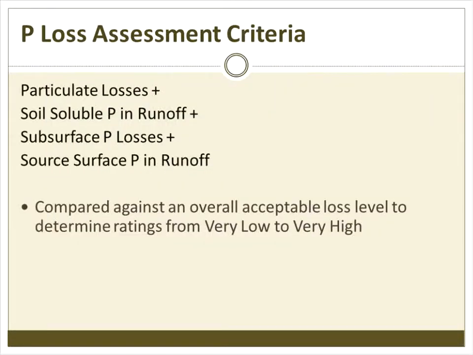So we've discussed each of the loss pathways: particulate losses, soluble P losses in runoff, this is from the soil; subsurface P losses, this is primarily in the coastal plain; source surface P losses, again these are runoff from the sources. We add them all together to figure out our total potential phosphorus loss from this field.